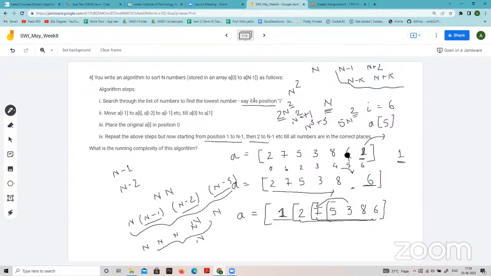Starting from the 0th index to the n minus 1 index, or the first number to the nth number. So n calculations are being done n times. That is the reason its complexity is n into n. Now what is n into n? N square. Therefore, we call its complexity quadratic. This is the running complexity.